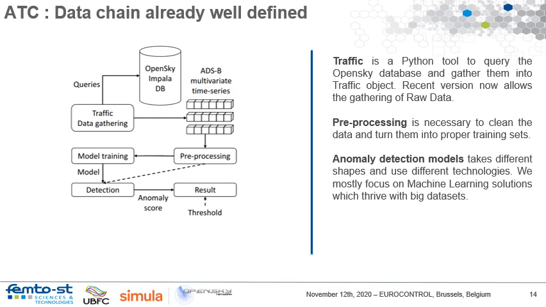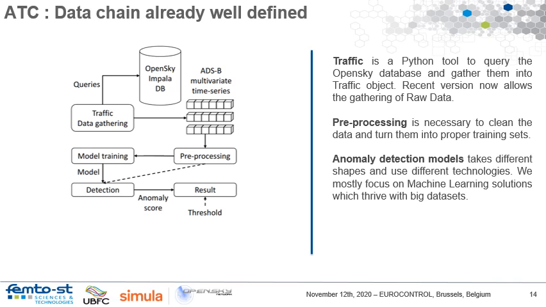Thanks to the efforts from different actors of the community, the raw ADSB data chain is already well defined. With Traffic, the Python tool to query the Impala database, we are able to get raw data that are sent directly by the feeders from OpenSky.